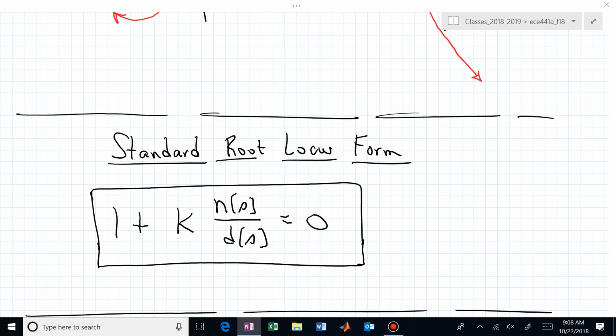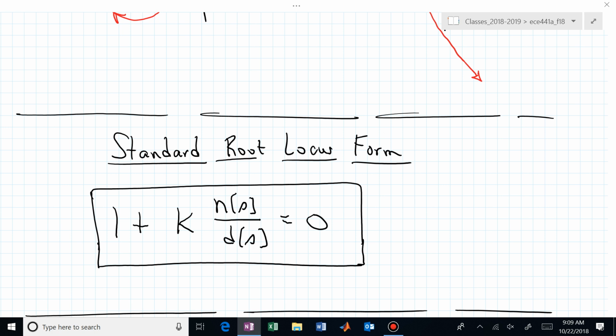Here's the standard root locus form equation that we will refer to throughout our discussion. And it will be associated with a ratio of 2 polynomials. We'll have a numerator polynomial n and a denominator polynomial d, and we'll speak to the zeros in this equation being the roots of n of s, and the poles of this expression being the roots of d of s.